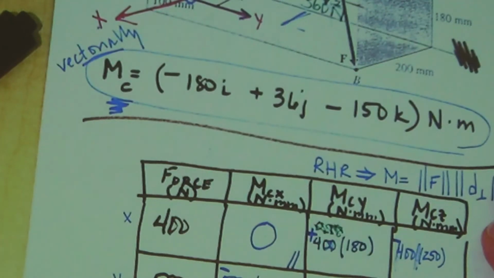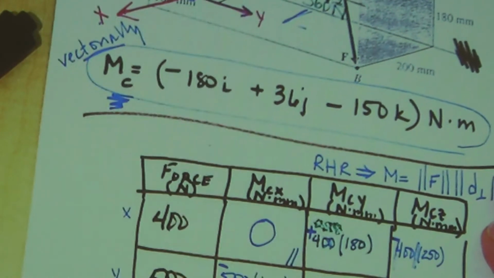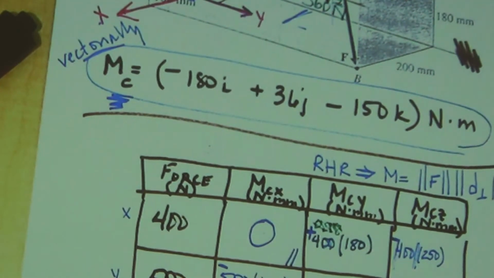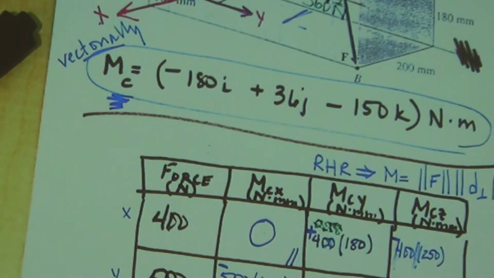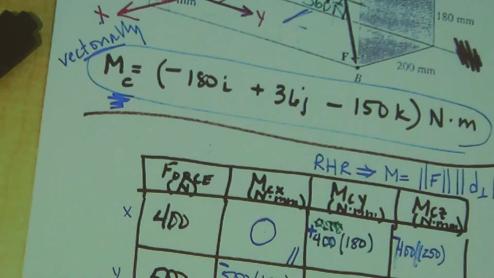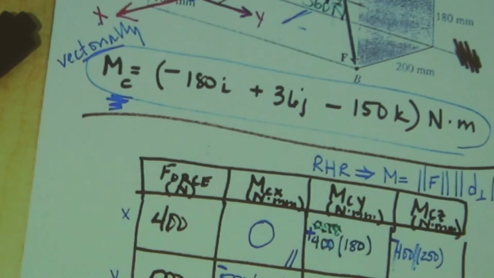Pythagorean theorem. And what does it come out to be? 184. 184 Newton meters.